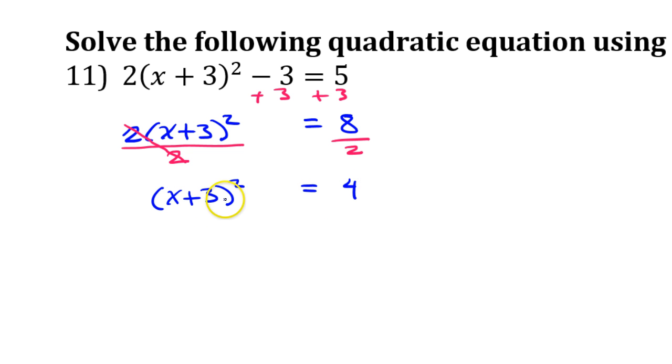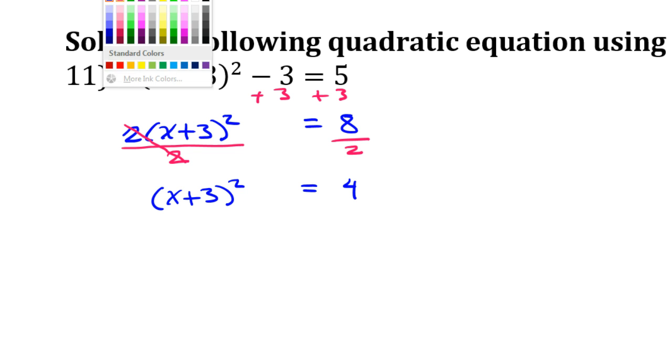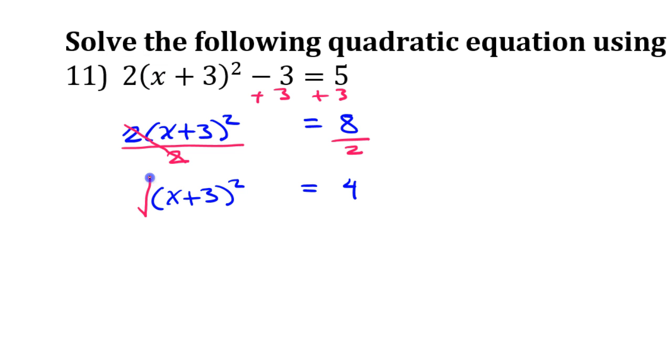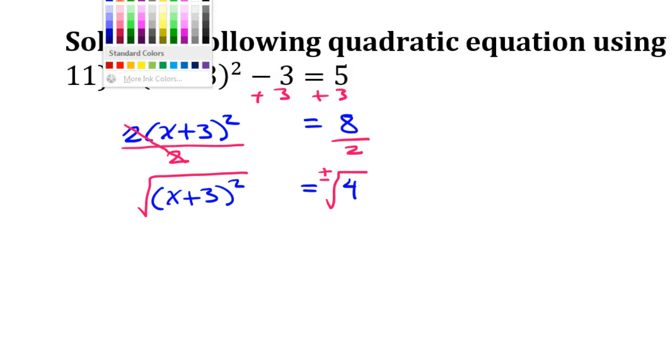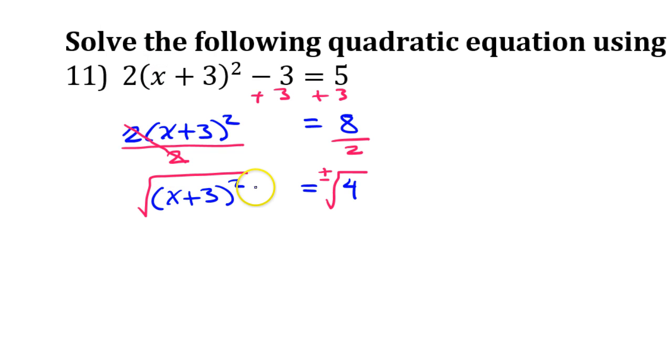Now that the parentheses are alone, we can go ahead and take the square root of both sides. Now don't forget to do plus or minus when you do this. So the square root and the square cancel each other out, and you just have x plus 3 equals, square root of 4 is 2, so that's plus or minus 2.